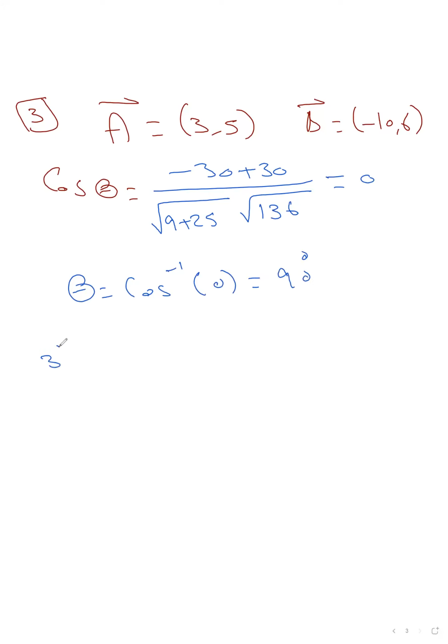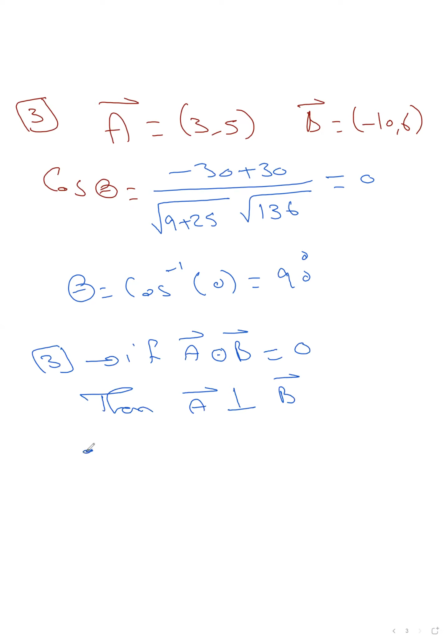يبقى تالت رول عندنا if A dot B equals 0 then vector A is perpendicular to vector B or the angle between A and B as vectors يعني equals 90 degrees. دي تالت رول.